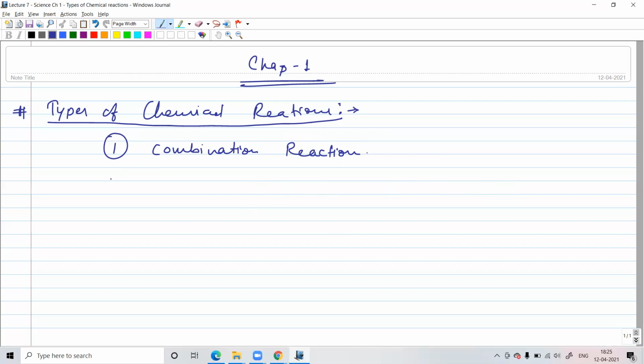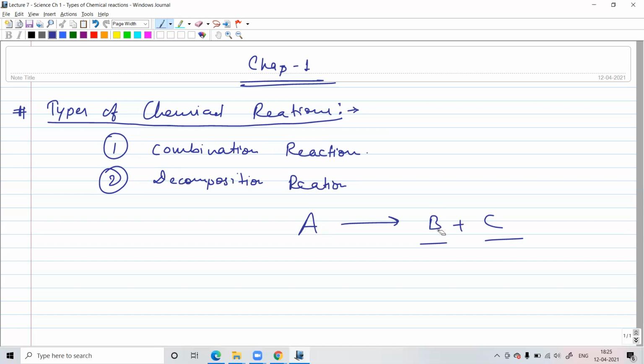First, let's see at a very high level what the things are which we are going to learn. So first you'll learn combination. And if there is a combination, there has to be a decomposition also. Decomposition means there will be one big compound which will break down into smaller compounds like this B and C. This is just the opposite of combination. Okay.